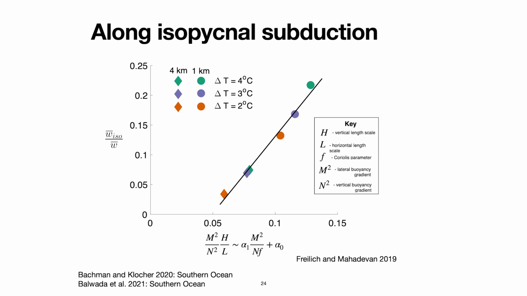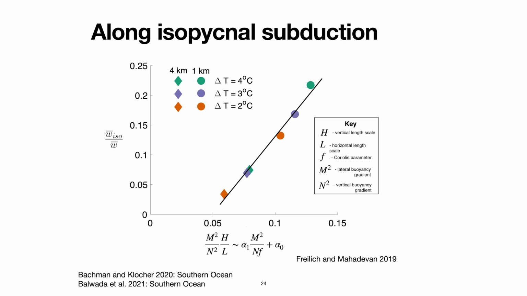And so I've been emphasizing that this along isopycnal vertical transport really matters. This is another modeling study I led where on the vertical axis here, I'm showing what is the proportion of the total vertical velocity that's along sloping isopycnal surfaces rather than just due to heaving up and down of isopycnal surfaces or to net restratification.